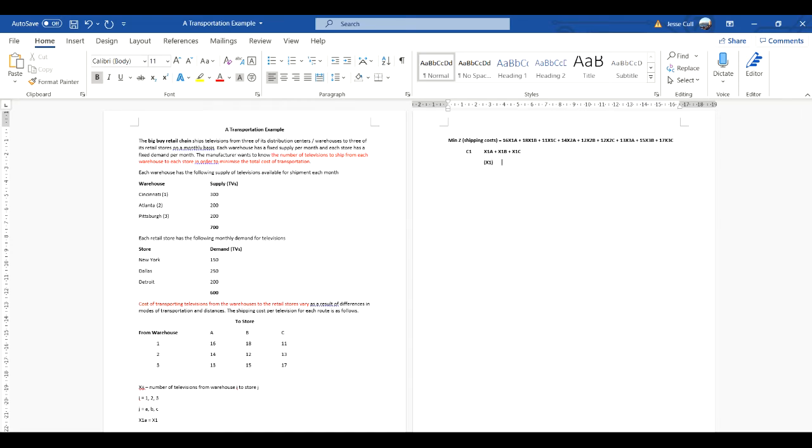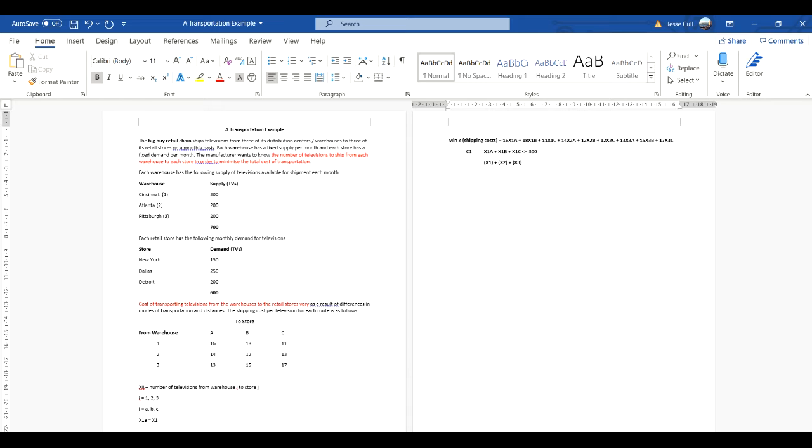X1 plus X2 plus X3 must be less than or equal to 300.